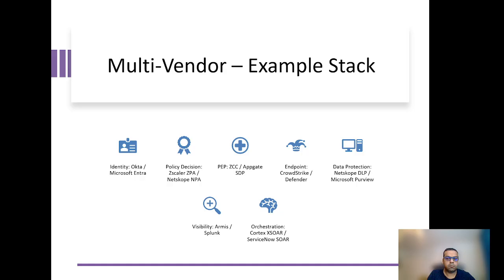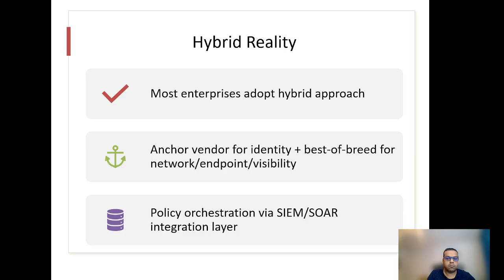Data protection can be through Microsoft Purview or Netskope DLP, and visibility via Armis or via a SIEM platform, in this case Splunk, and automation through Cortex XSOAR or ticketing through ServiceNow or the SOAR component of ServiceNow. So that's the example for multi-vendor zero trust implementation.